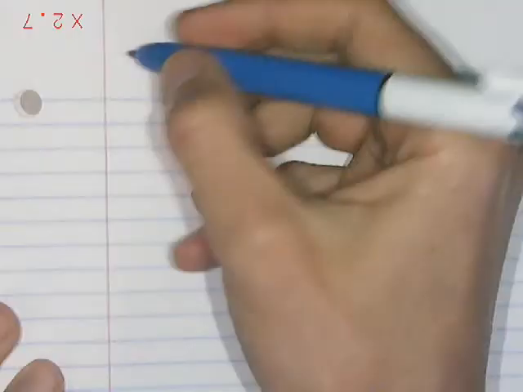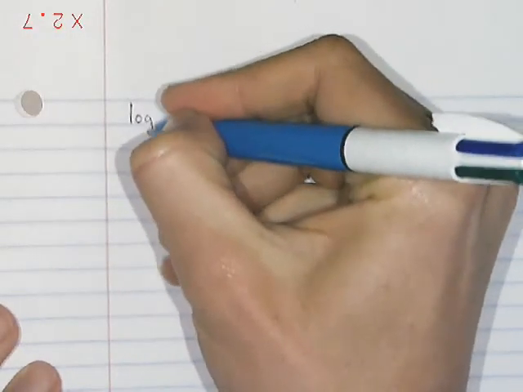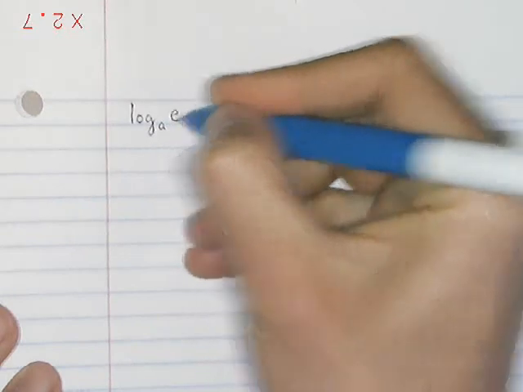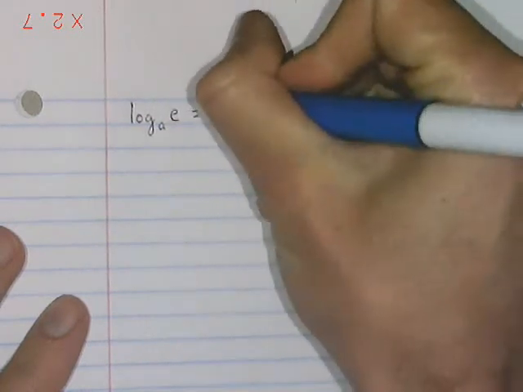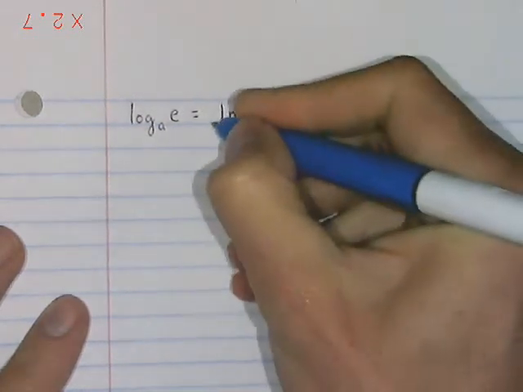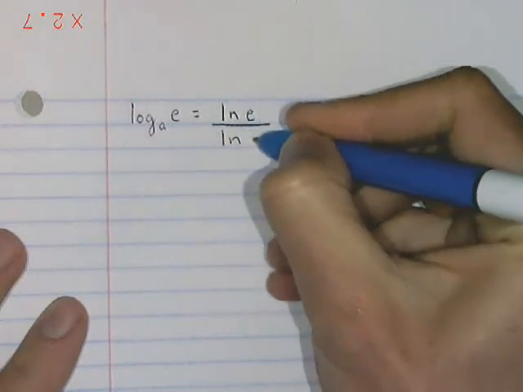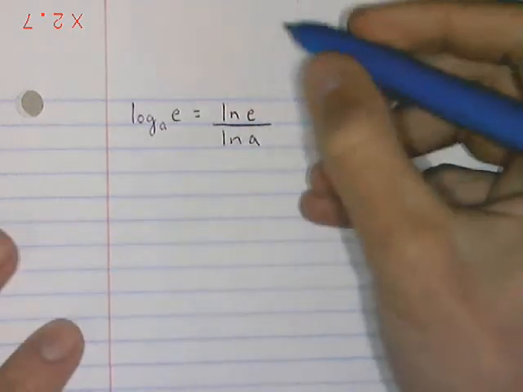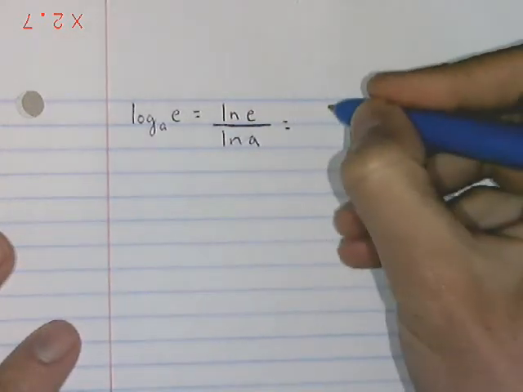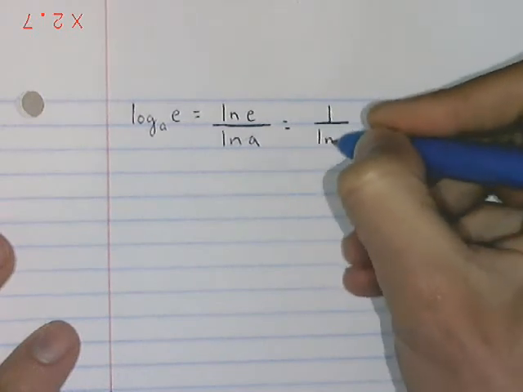If we use the change of base formula, where our argument is e, so for example, if we look at log base a of e, our change of base formula tells us that this should be equal to the ln of e divided by the ln of a, but then of course the natural log of e is just 1, so this is 1 over the ln of a.